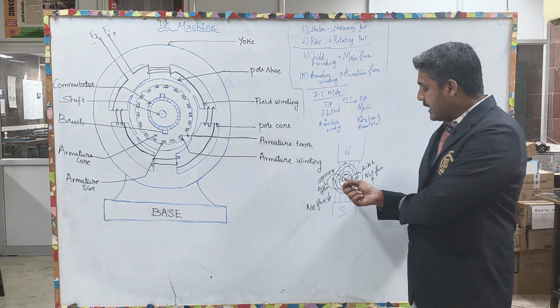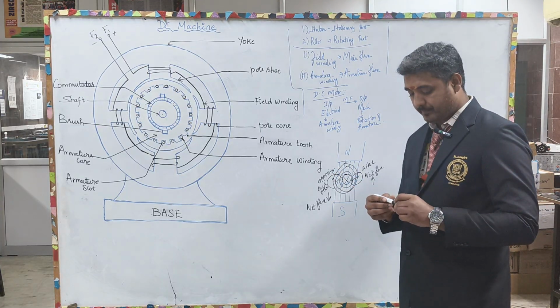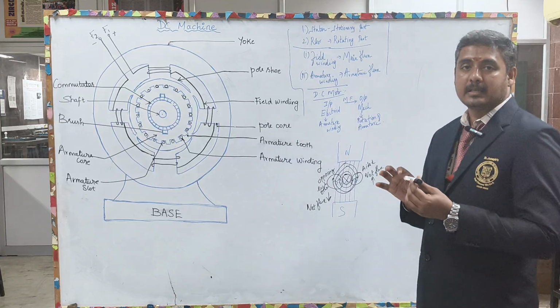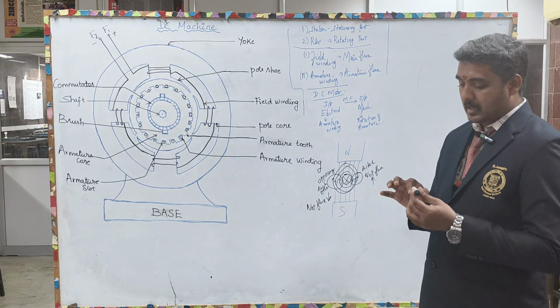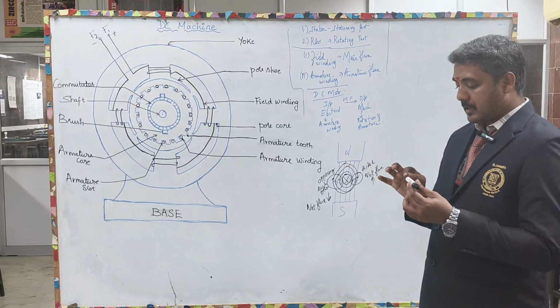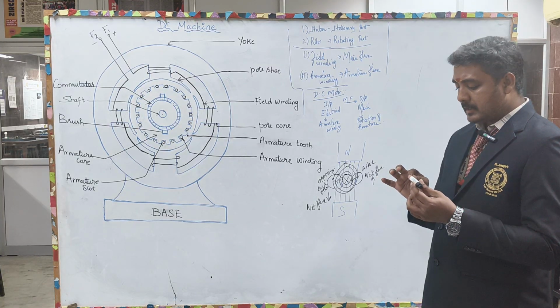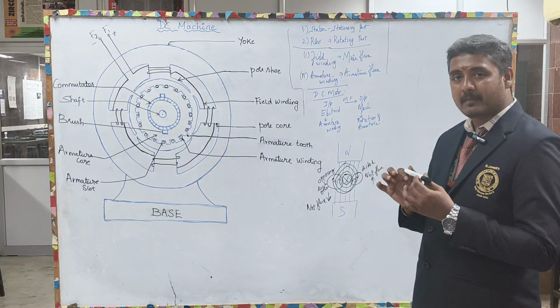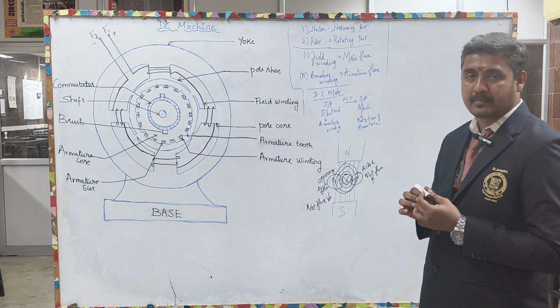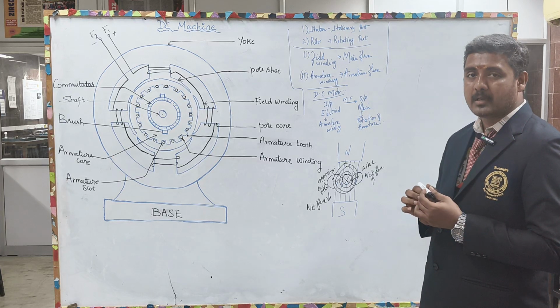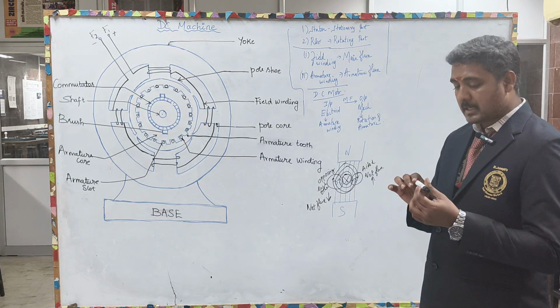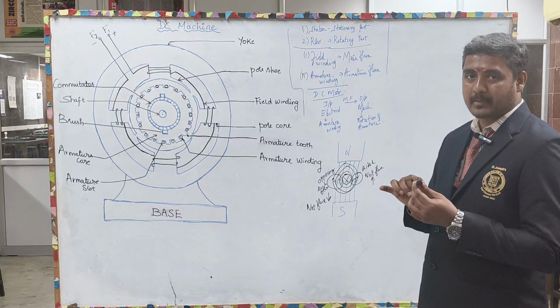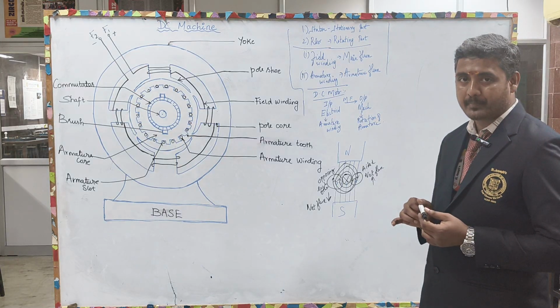Now, see here, this armature is placed over a shaft, and this armature can't move here and there because of the variation in the flux density. This armature can rotate only because it is above the shaft.